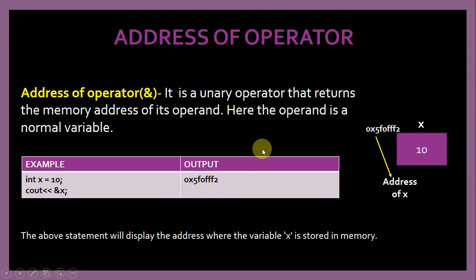We can see the output is the same as this address. So this statement will display the address where the variable x is stored in memory. So I can display the address where variables are stored using the address of operator, which is represented by the symbol ampersand.